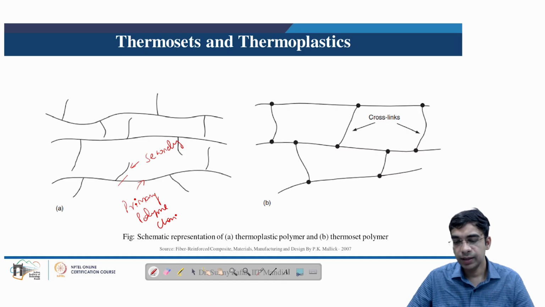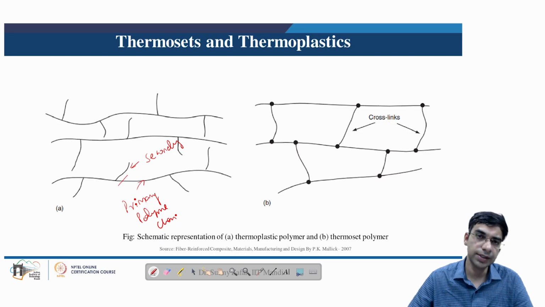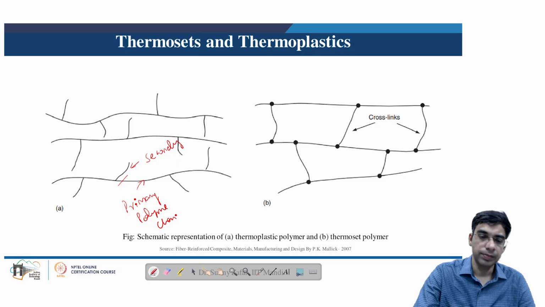These crosslinks help to keep the long primary polymer chains in place, and the crosslinks are basically irreversible bonds. Once they are formed, they cannot be broken by again applying heat or pressure. Therefore thermosets are able to retain their shape even at elevated temperature. The only difference is that as you keep increasing the temperature, instead of melting, the thermoset directly begins to char or burn.